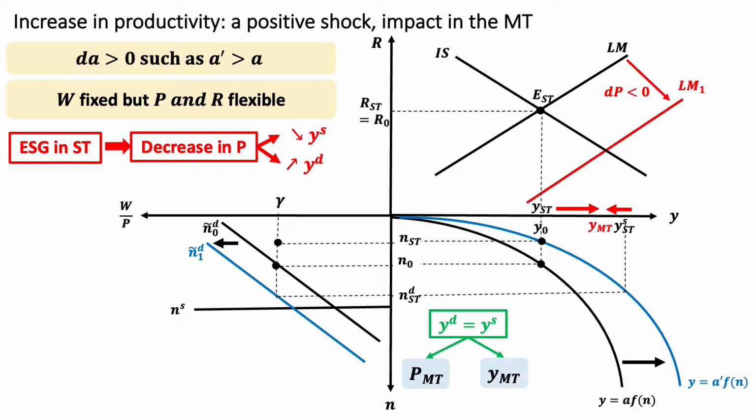Graphically, the decrease in P shifts LM to the right. We see that the Y in medium term is higher than the Y in the short term and than the initial Y, while the interest rate is lower. Because the production increased, if we didn't have a shock on technology, we would have concluded that employment also increases, as we did with the previous shocks that we've been dealing with.